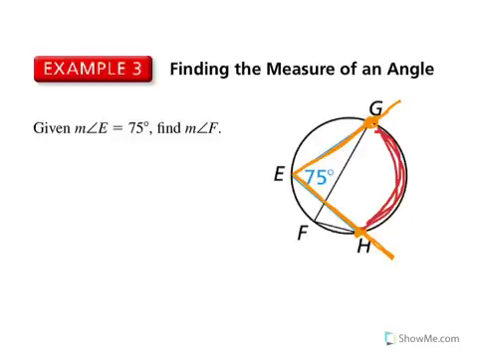If arc GH is right there, they want us to find the measure of angle F. And I'm going to just erase all that so it doesn't look like it's too much. Okay, angle F. Angle F goes from here to here.